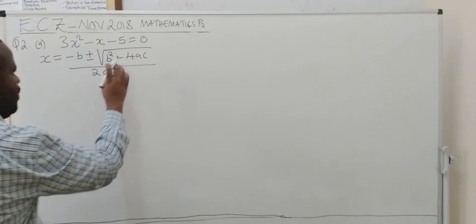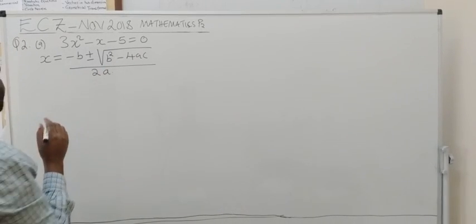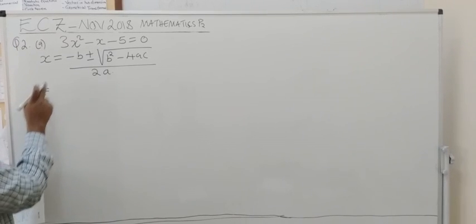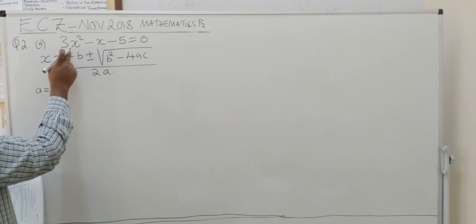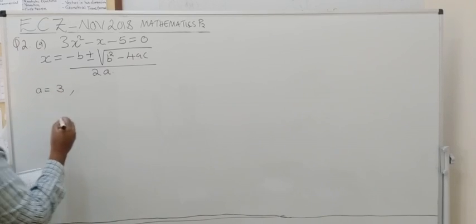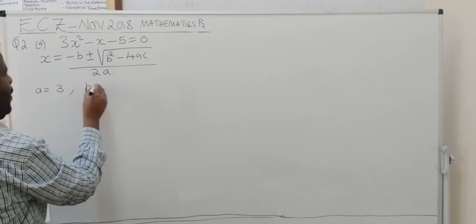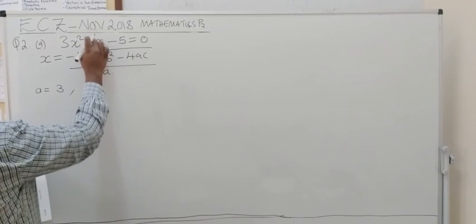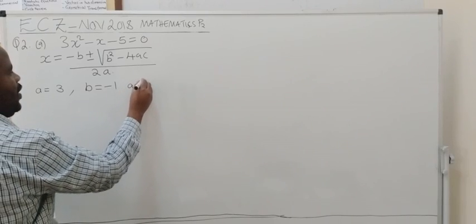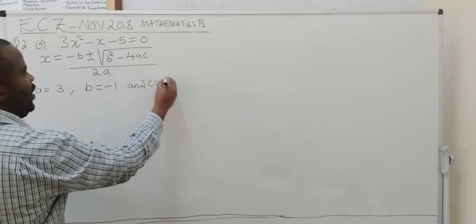So for you to be able to use this formula nicely, you need to identify these constants. What is a? A is the coefficient of the variable that has power 2. In this case, it is 3. Our b is the coefficient of x, which is negative 1. And our c is the negative 5.